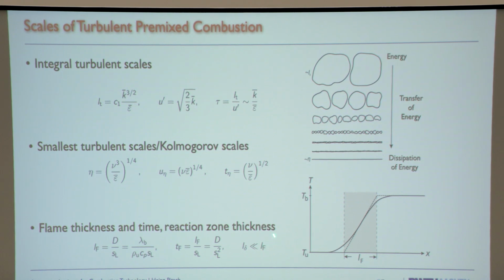LF is the flame thickness, L delta is the reaction zone thickness. This gray area here would be LF, and L delta is a small part of this. We define it in a way where L delta is just a tenth of the flame thickness, 0.1 times the flame thickness.